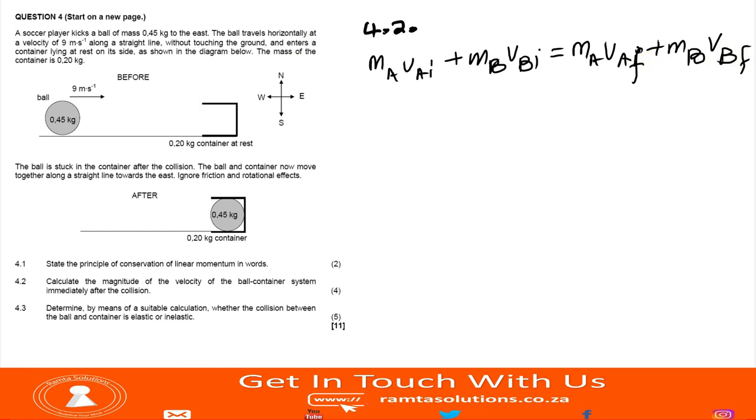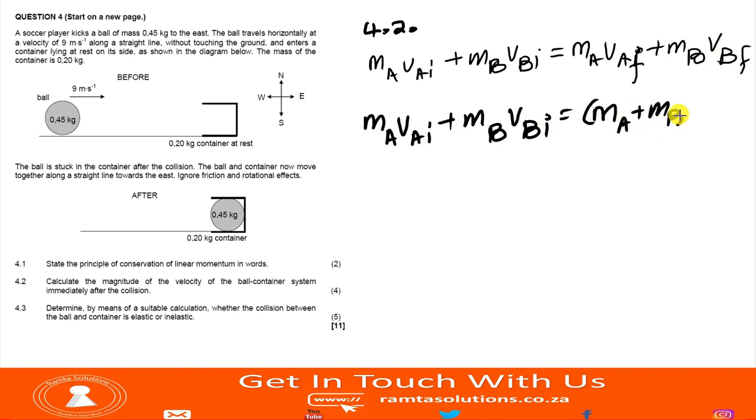But because these got stuck together, we're going to use it as MA VAI plus MB VBI is equal to (MA plus MB) multiplied by Vn.